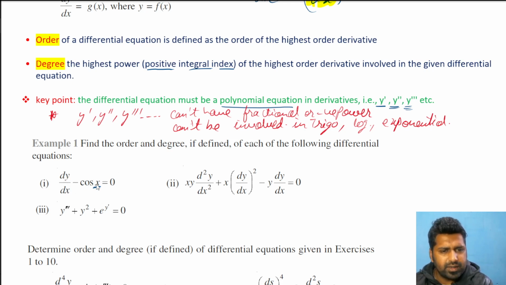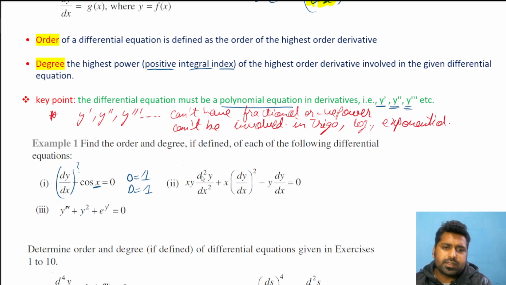So what is the highest order derivative? This is dy by dx, so order is 1. And the power available is also 1. So order is 1, degree is also 1.